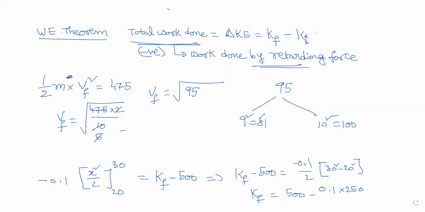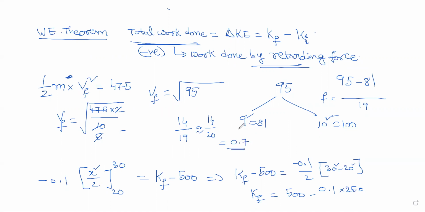So what we'll do? 95 minus 81. The fractional part is calculated like this: 95 minus 81 divided by 100 minus 81. 100 minus 81 is 19. 95 minus 81 is 14. So it's like 14 by 19. 14 by 19 we will approximate as 14 by 20, which works out to be 0.7.